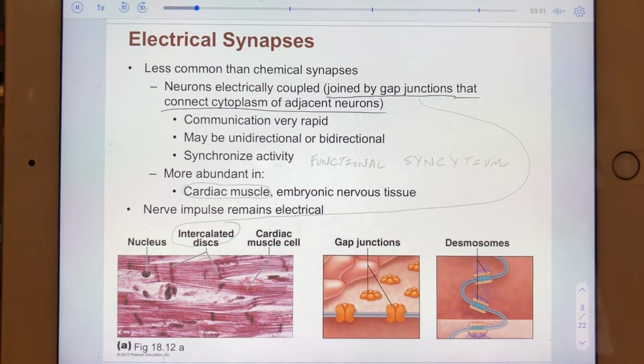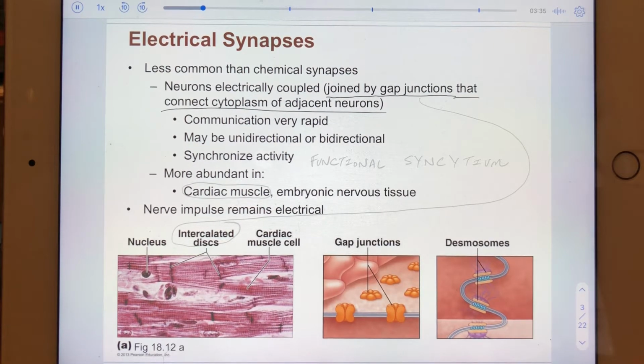And the intracellular junctions that allow them to do that are gap junctions. Electrical synapses allow communication to be very, very quick, but also poorly regulated. There aren't as many steps to interfere with. So it's not as easy to interrupt, for instance, an electrical impulse along electrical synapses.